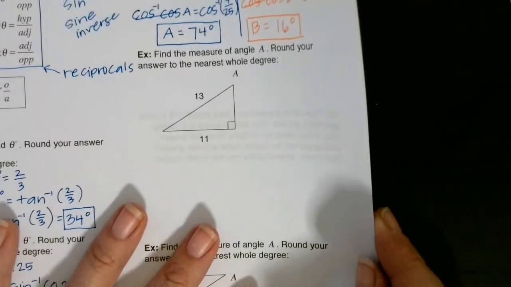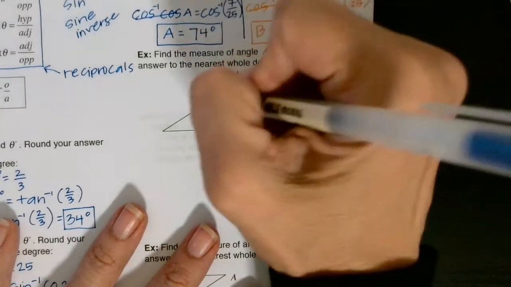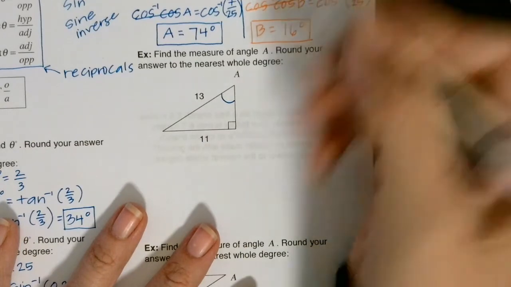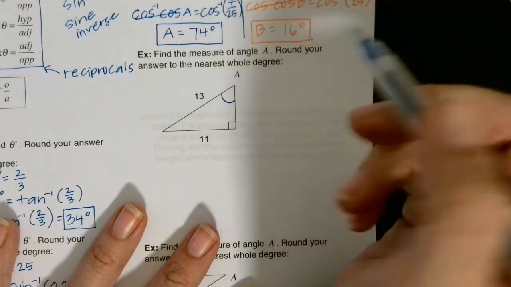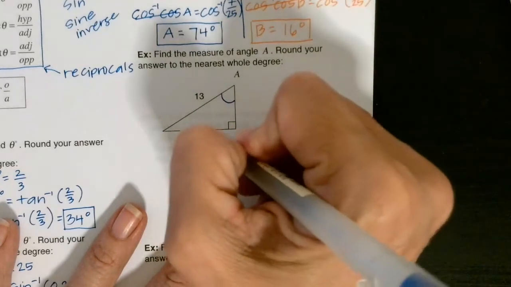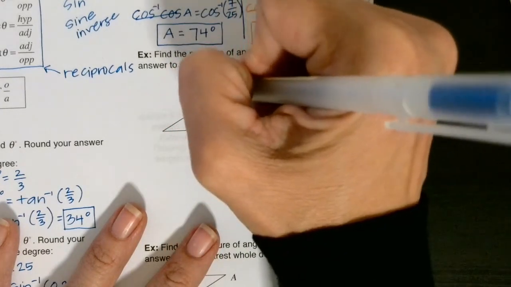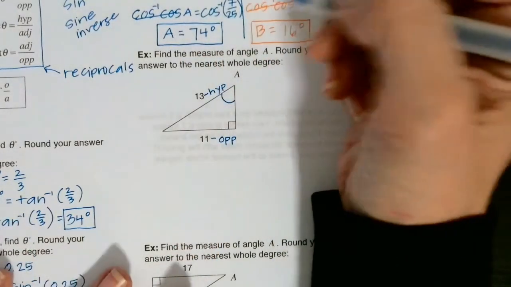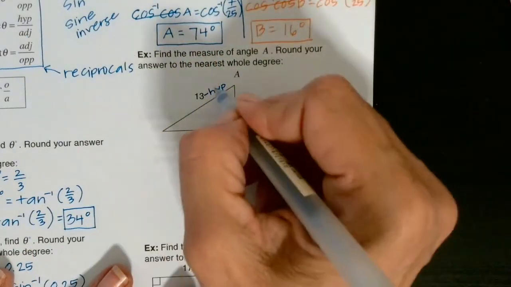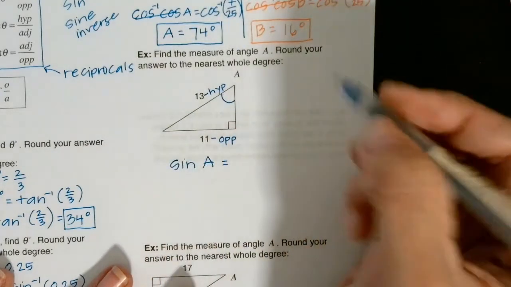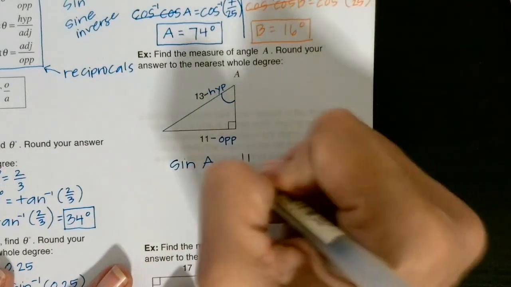Okay, find the measure of angle A. So here's angle A up here. Round your answer to the nearest whole number. So I'm missing a side of the triangle, but that might not be that important, because as long as I have two sides, I can set up a trig ratio. So this is going to be opposite over hypotenuse, which is sine, and I'm finding angle A, opposite over hypotenuse.